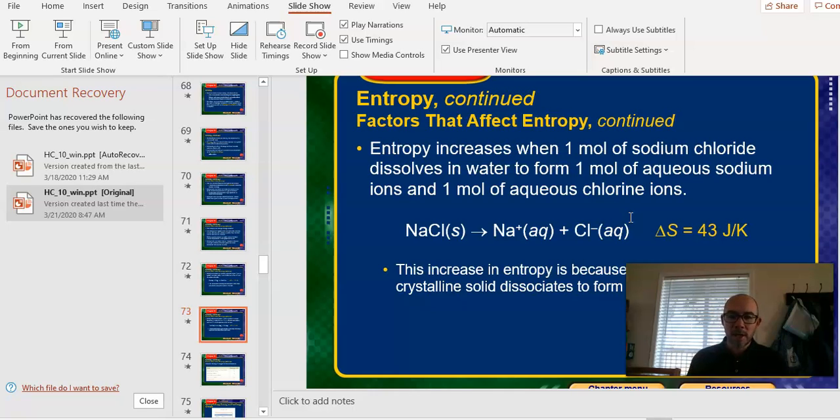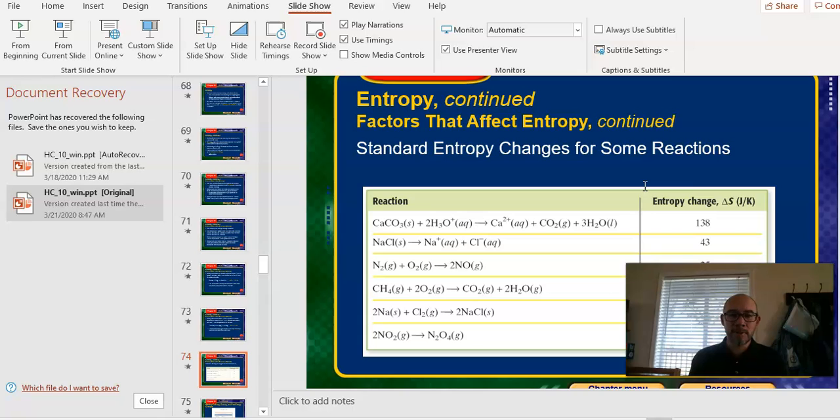All right, so you see here, delta S goes up. It's a positive 43 joules per Kelvin if we're doing this in moles. Obviously more chaotic if that thing dissolves and spreads out in smaller pieces. Order is lost. The crystal structure breaks down and you get the ions floating around separately, not staying in their regular structure.